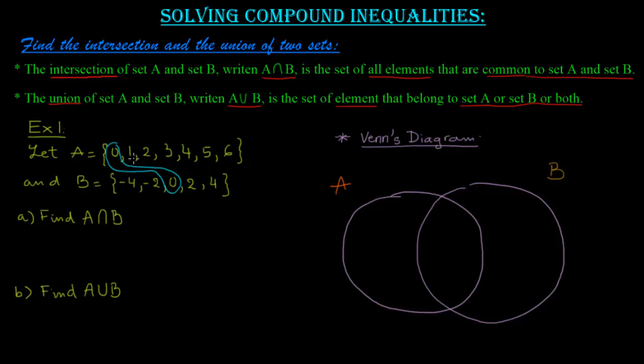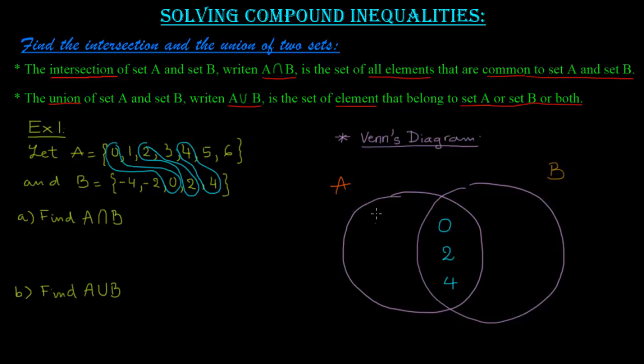We don't have 1 in B, but we have 2 in both, and also 4 in A and 4 in B. So we have one pair of 0, one pair of 2, and one pair of 4. I fill them into the intersection area, which is right here. We write each pair only once, so we just write 0, 2, and 4.